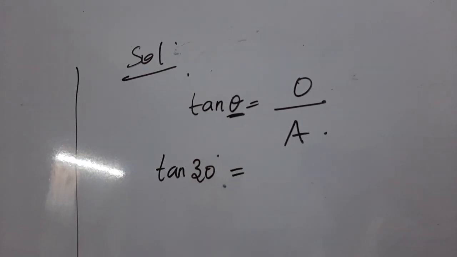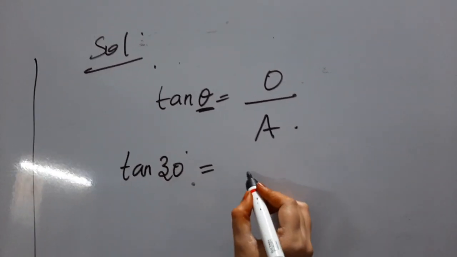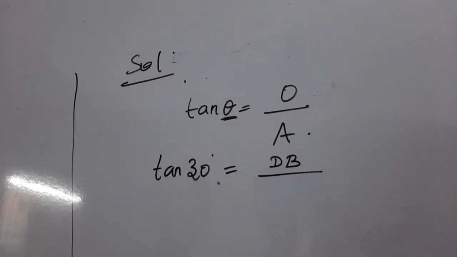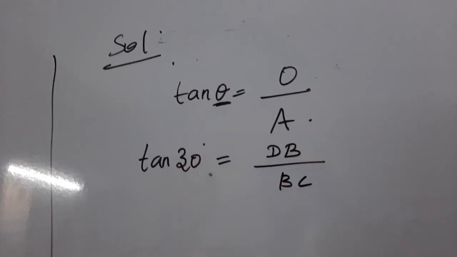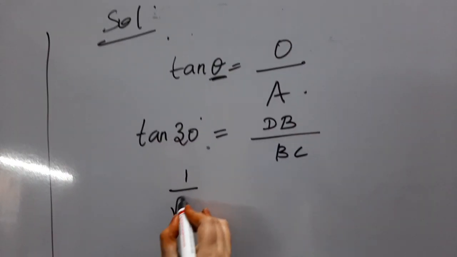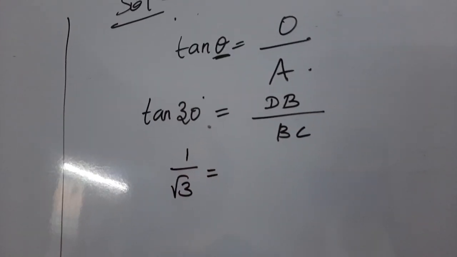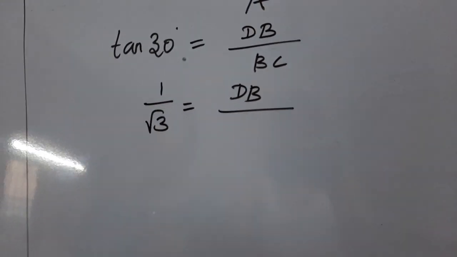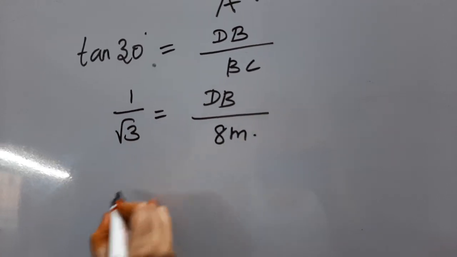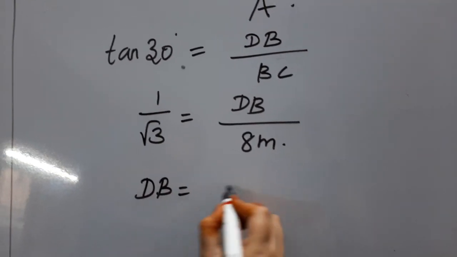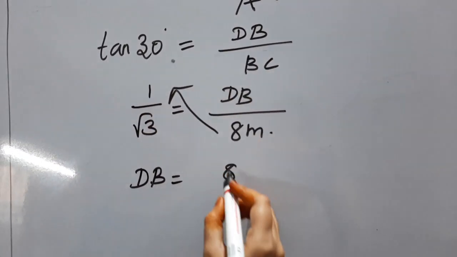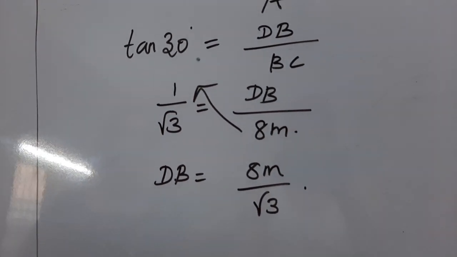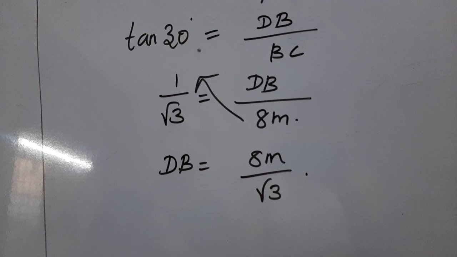The remaining part of the tree which is standing on the ground, that is DB. And what is the adjacent side? The length of the ground, BC. Tan 30 is 1 by root 3. DB is what we want to find out. BC is 8 meter. So I am getting the value of DB as, transposing, 8 meter by root 3.